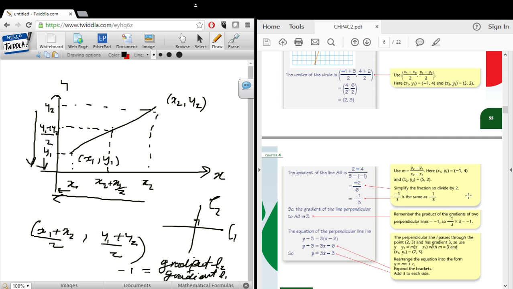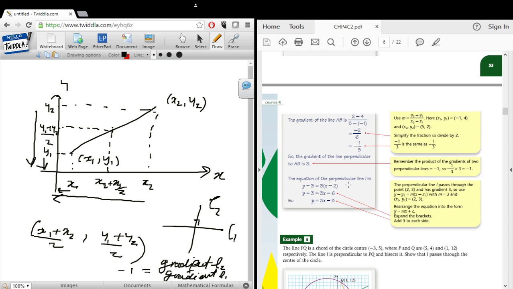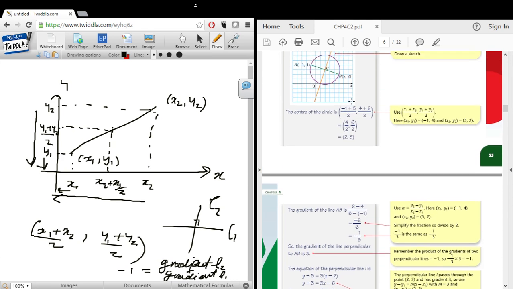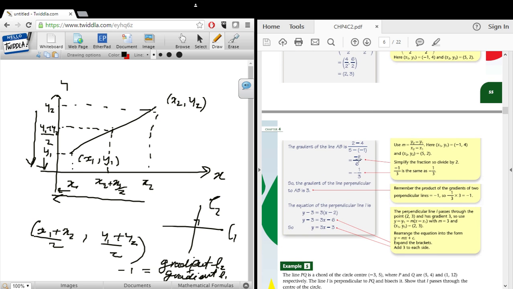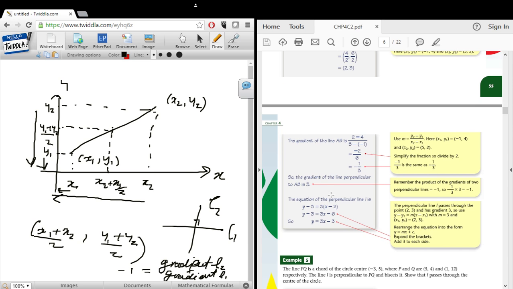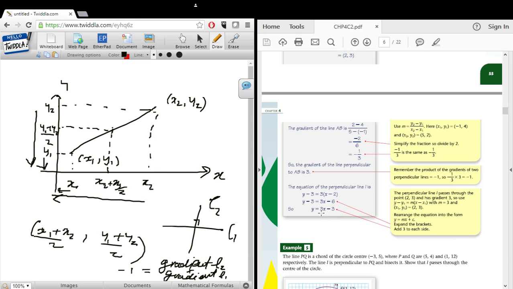And so for the equation of the perpendicular line, you have the point (2, 3), which is the center of the line where the line crosses, and you also have the gradient M, and so you can find the equation of the perpendicular line.